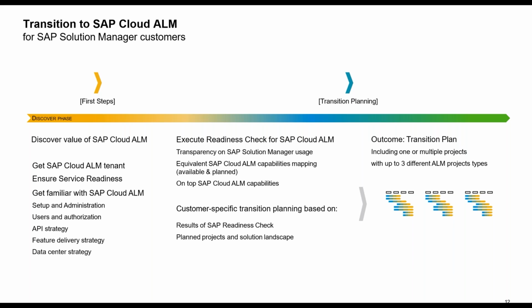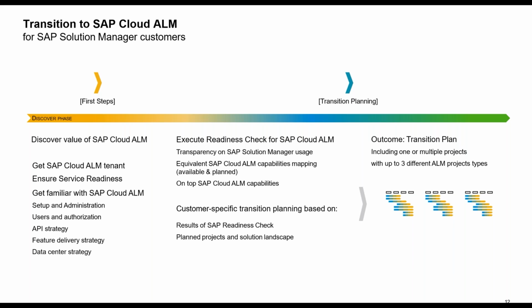However, if you do decide to go into Cloud ALM and you want to migrate some of the data, for example documentation, process flows, libraries, anything in that nature, then the idea would be that you execute this readiness check in Solution Manager, and it will give you an idea of what you need to migrate into SAP Cloud ALM.